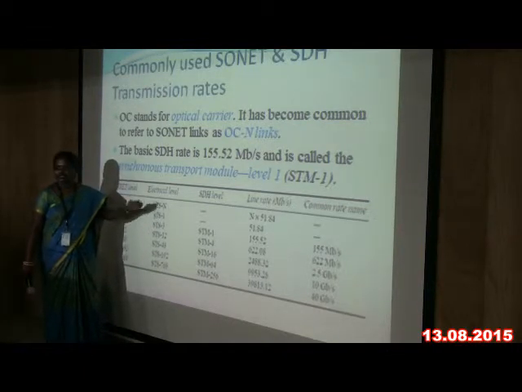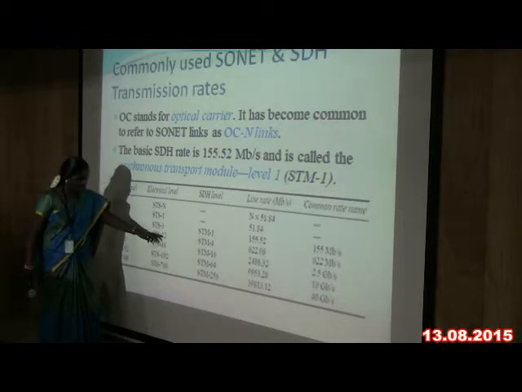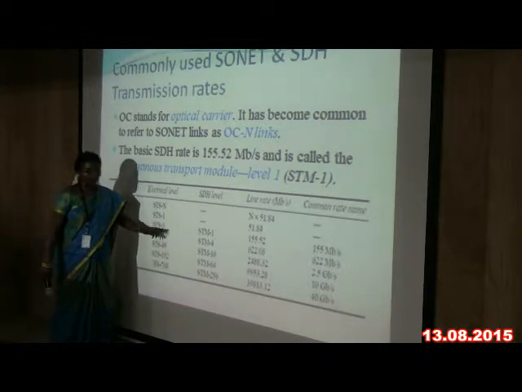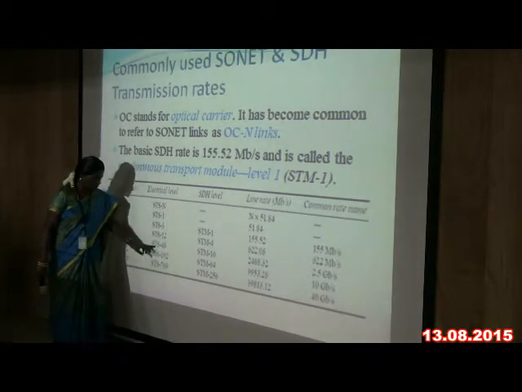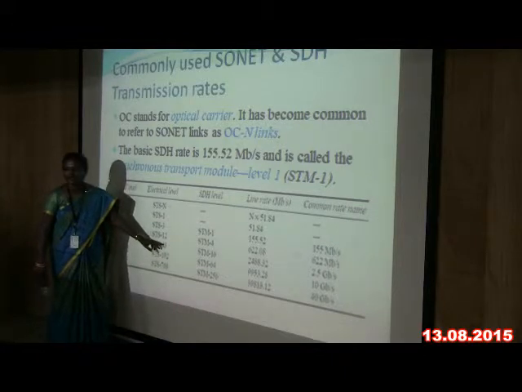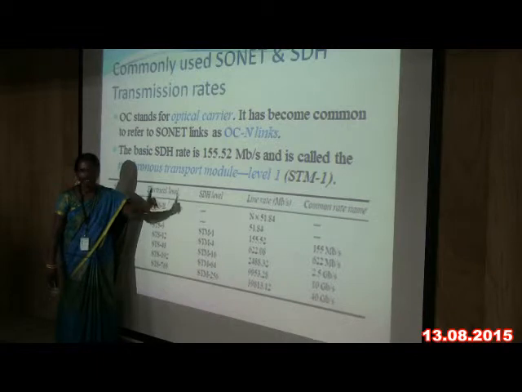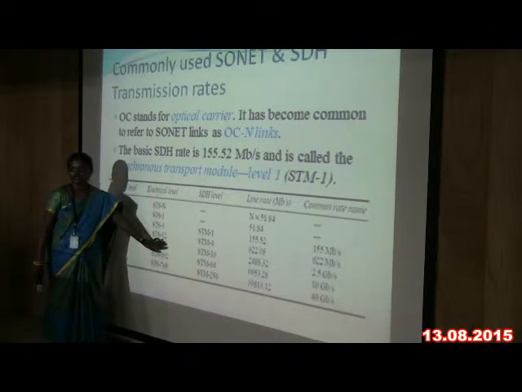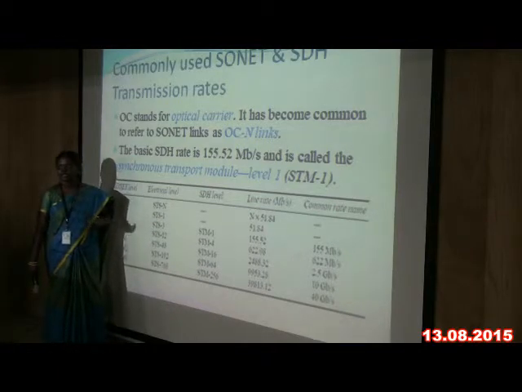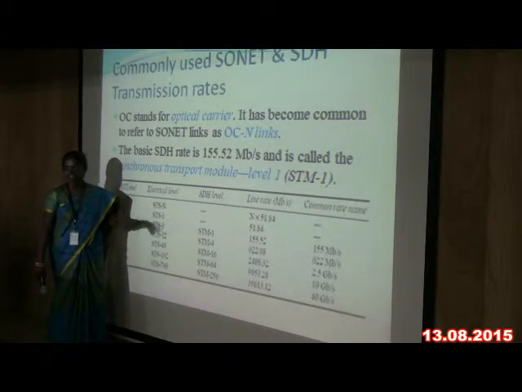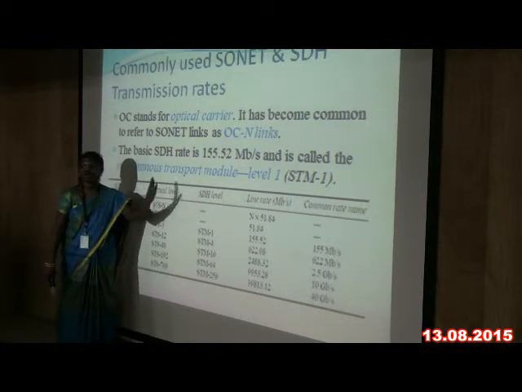In this way, the synchronous transport signal hierarchy increases. The STS-12 rate is obtained by multiplying this rate by 12, and the STS-48 data rate is calculated by multiplying the basic data rate by 48. For an STS-N signal, the data rate is the initial data rate times N.